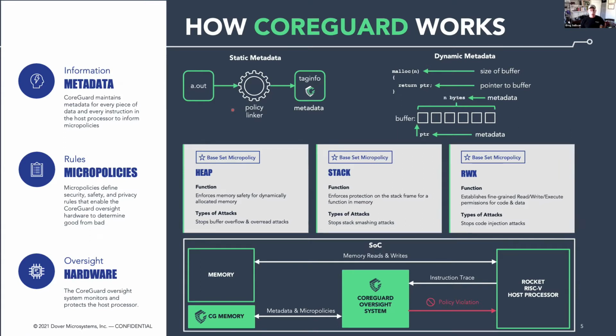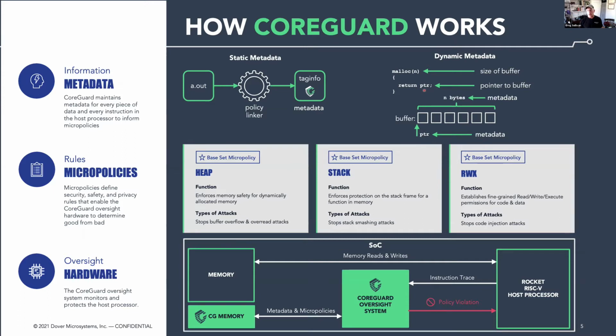We take the ELF binary a.out here, produced by whatever tool chain you're using, and run it through what we call a policy linker. The output of that is a map from physical memory addresses to initial metadata, so that when the application is loaded, we know how the world of metadata starts.